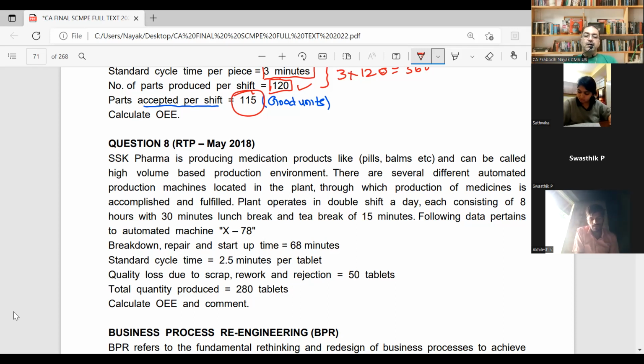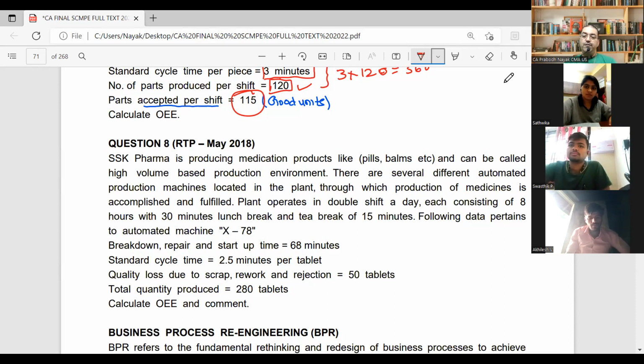Done. Okay, now we'll take up question number 8, and I will leave it to you to solve, and I have to get the answer from you. Let us see. RTP question of May 2018. SSK Pharma is producing medication products like pills, balms, etc., and can be called a high volume based production environment.